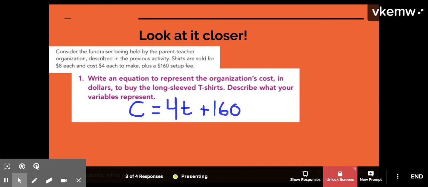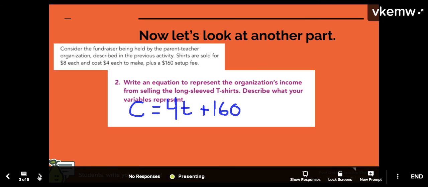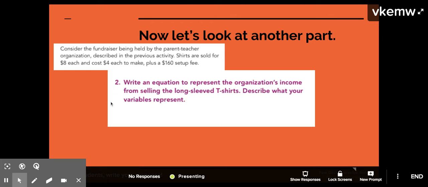All right. We're going to move on to the next one. Now we're going to write an equation to represent the organization's income from selling the long sleeve t-shirts. Describe what your variable represents. So again, we're going to use T for our variable for t-shirts.